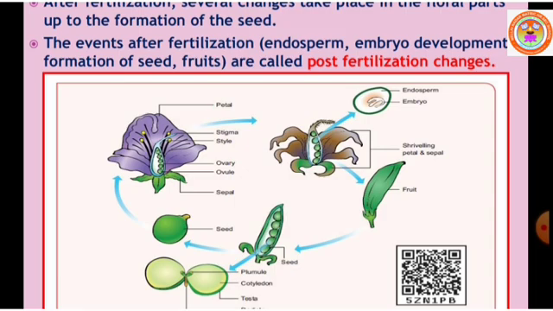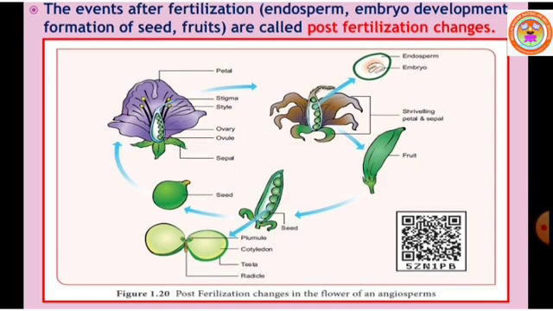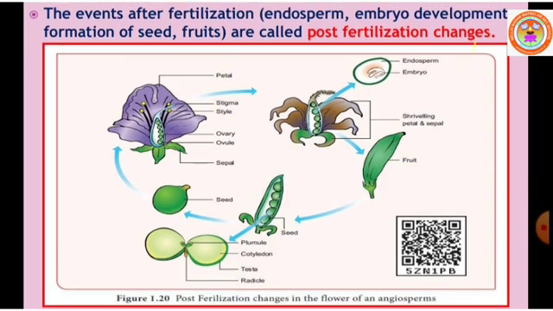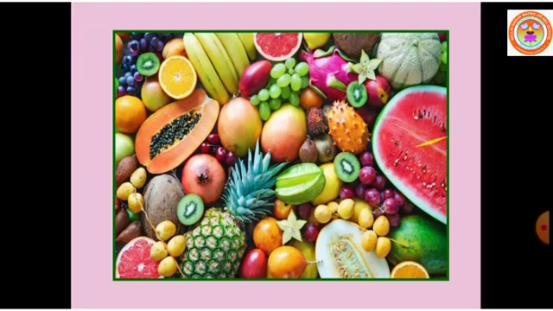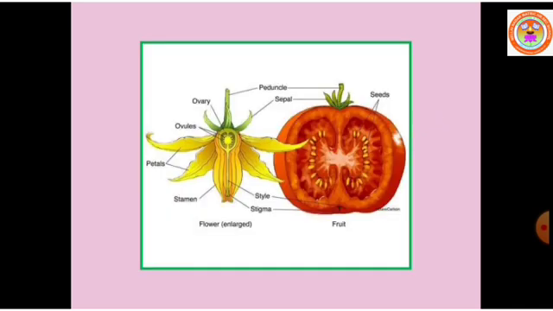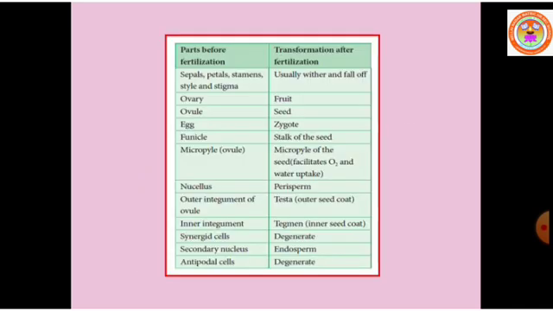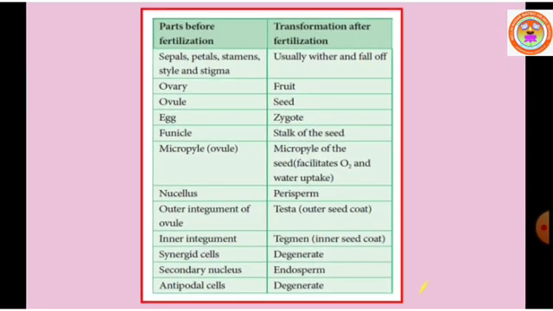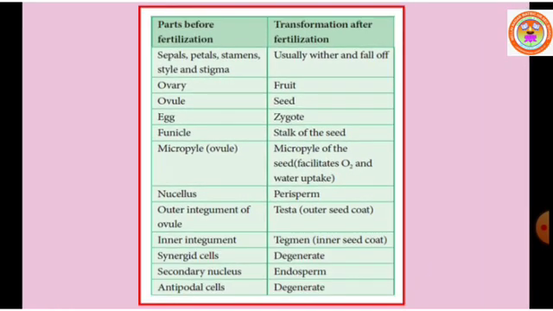What are the changes that occur in the flower in post-fertilization? In post-fertilization changes, the most useful product is fruits. You can see how different parts of a flower become fruit, seed and so on. Let us see the parts before fertilization and what will happen after fertilization, which is called transformation after fertilization.